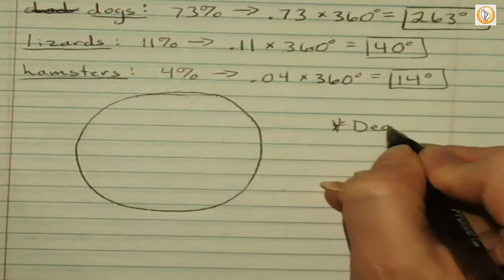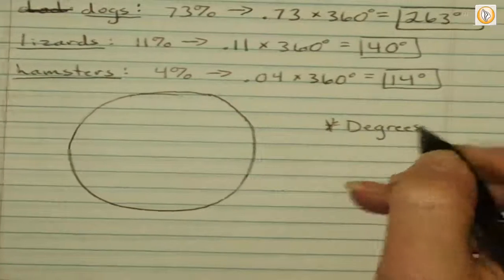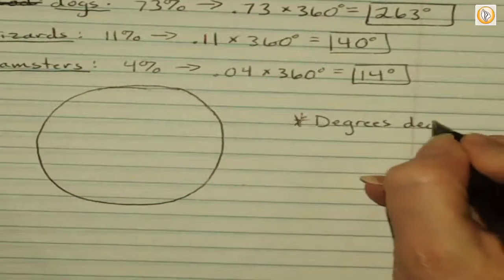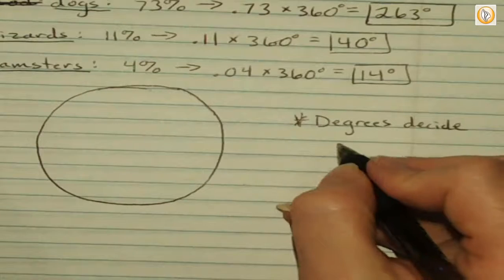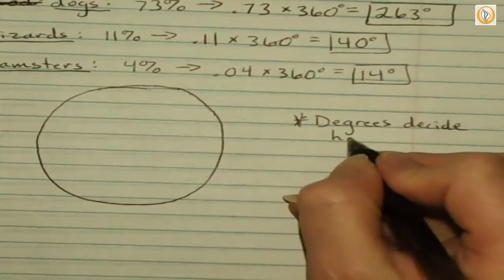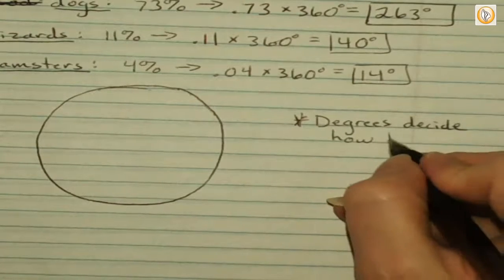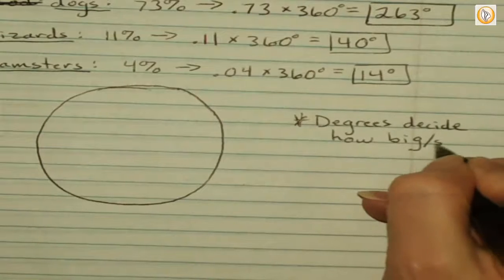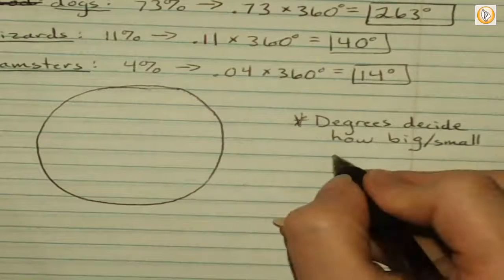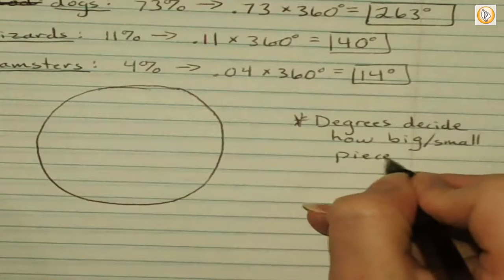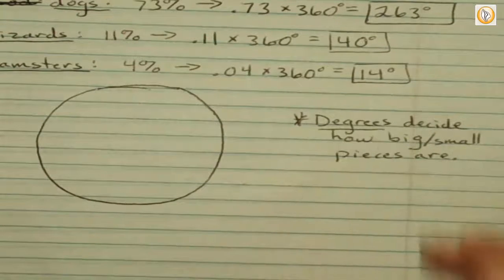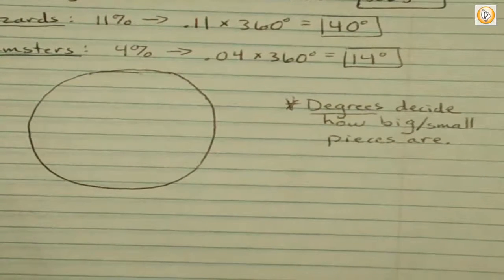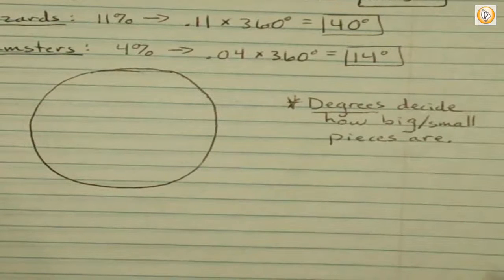Now, the degrees decide how big or small the pieces are. The degrees tell you how big or small the pieces are.